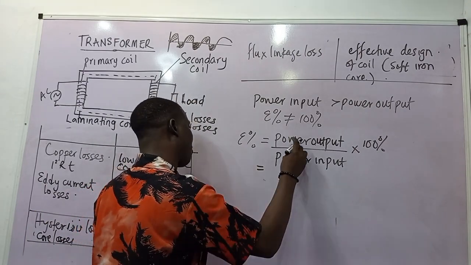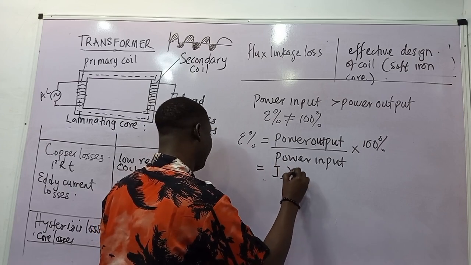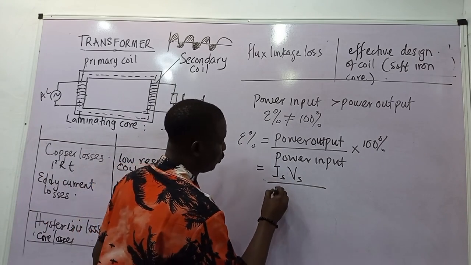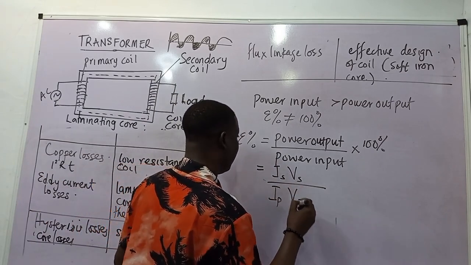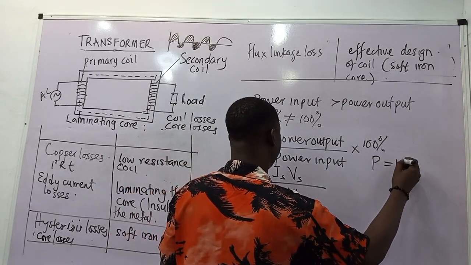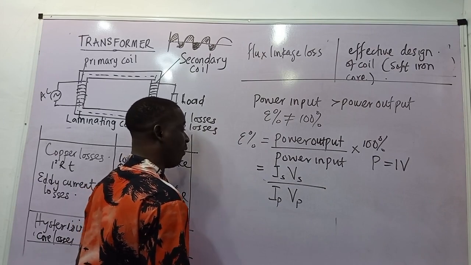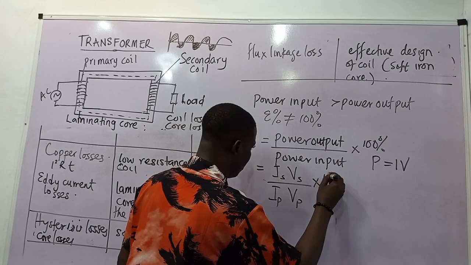So this is the formula for the efficiency of the transformer. Most of the time, the power output is IsVs, set up at the secondary end. Power input is set up at the primary end, knowing fully well that power equals IV, or I squared R, or V squared over R, times 100%.